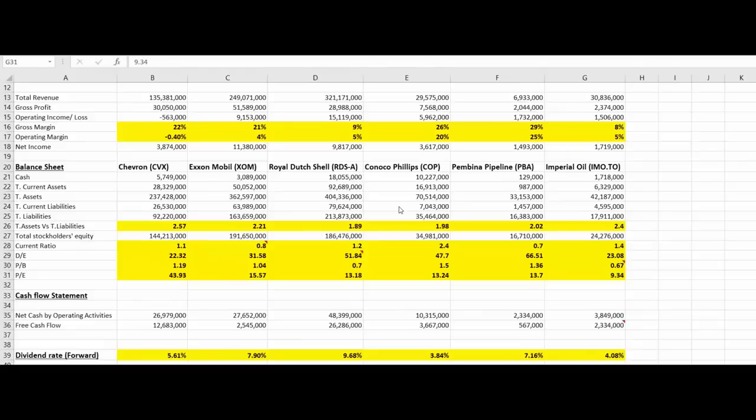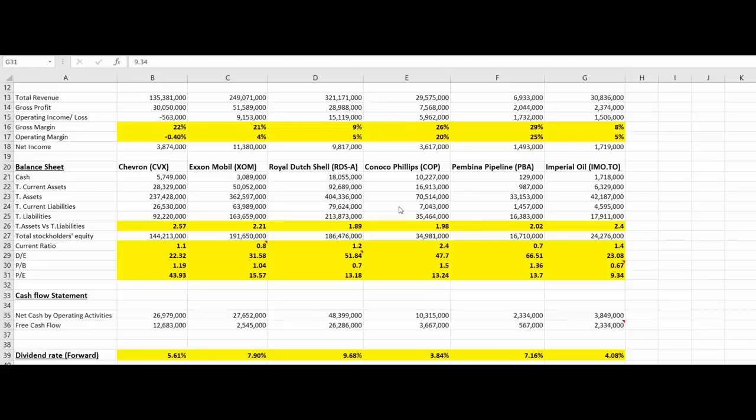But before that, we must of course check the cash flow statement as well. In the cash flow statement, I jot down two important figures: net cash by operating activities and free cash flow. Net cash by operating activities should always be positive and should be increasing year by year. It simply means that the operations of this company are making profit.